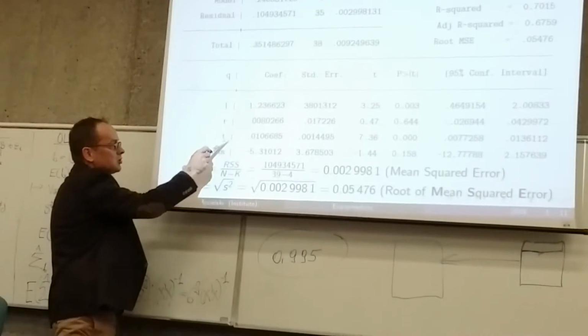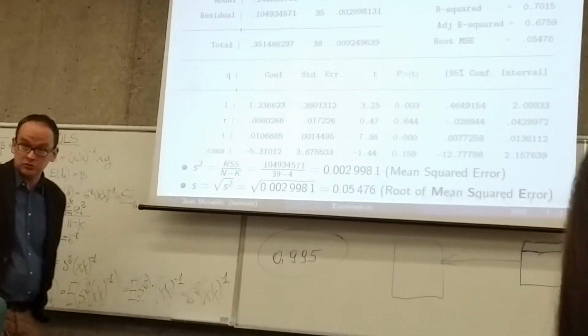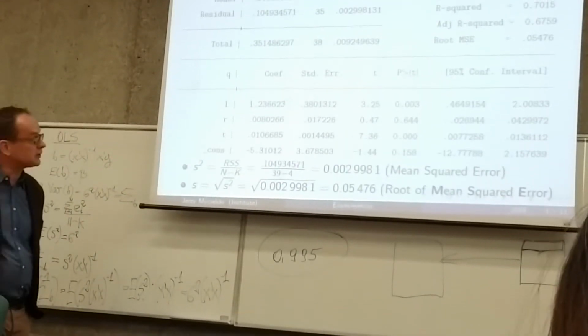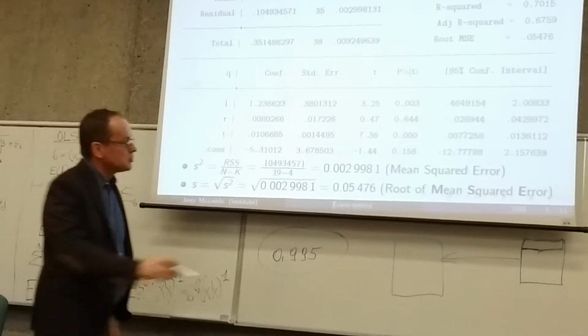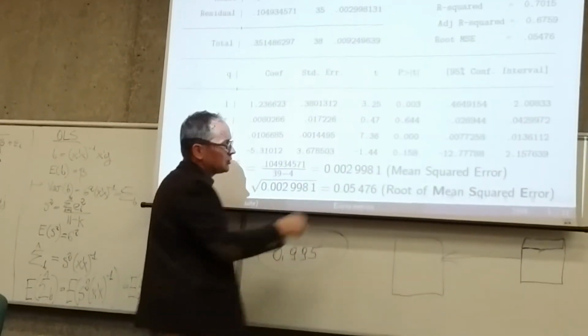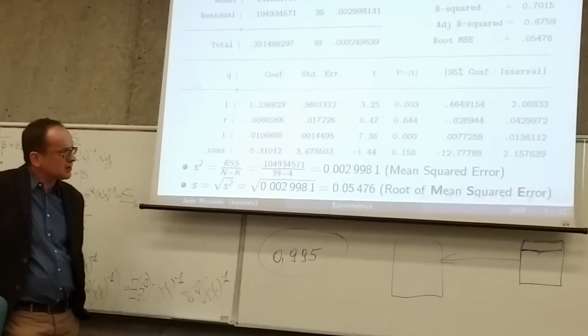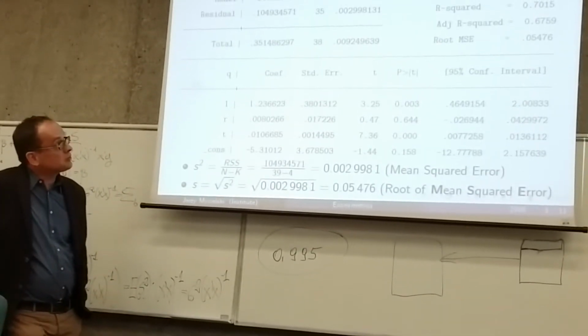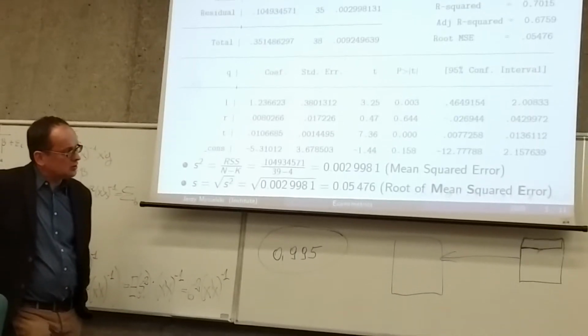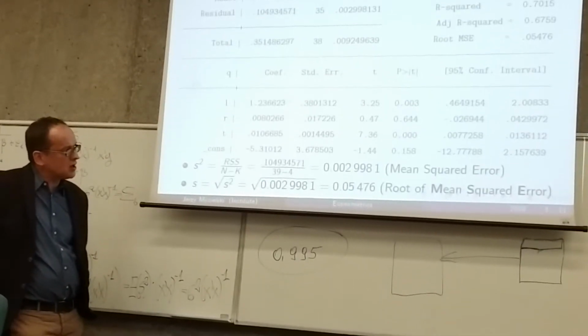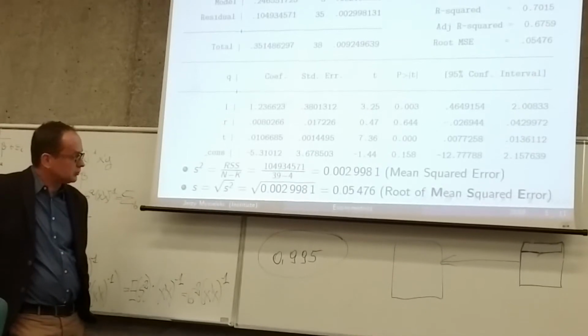Here we have 1, 2, 3, 4 explanatory variables; we include constant as an explanatory variable. So here we have the estimate of the variance of the error term. It is sometimes called mean squared error.